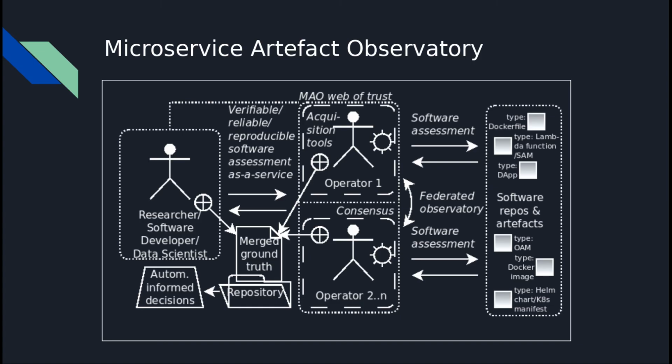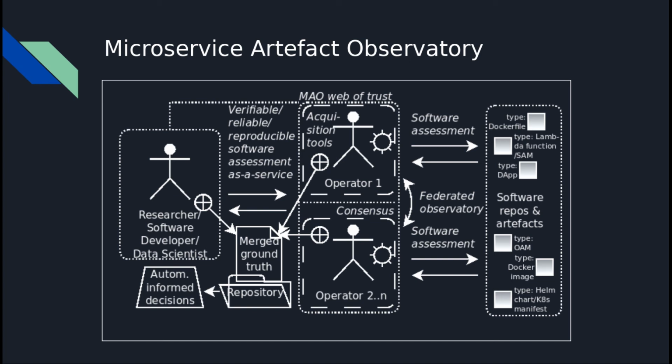Here you see the architecture consisting of a number of federated nodes running the MAU orchestrator by operators achieving consensus about the observations they perform by assessing the software, acquiring metadata from the software, acquiring test information, runtime information, building up data sets, and by achieving consensus, a ground truth is produced, which is then the basis for automated informed decisions by, for example, software engineers.